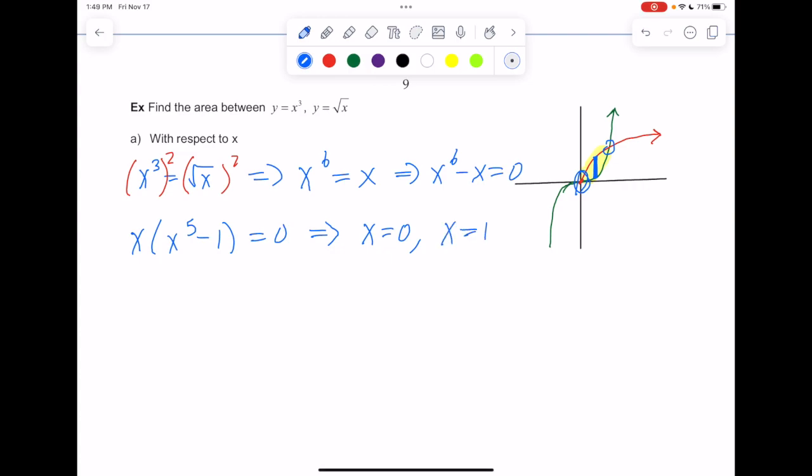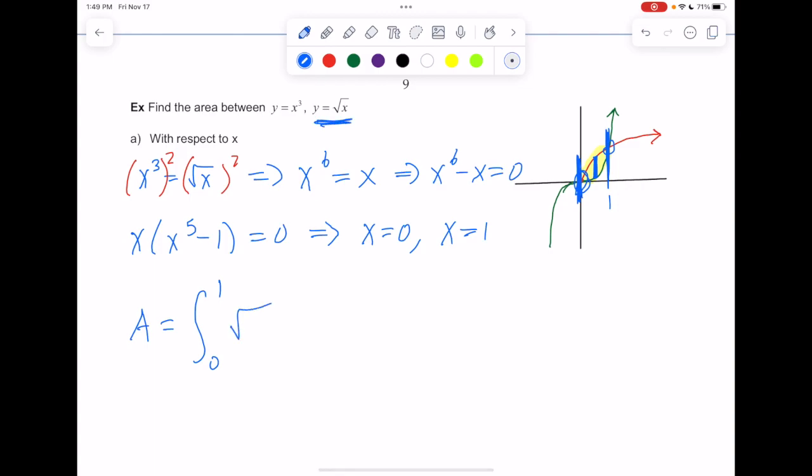And it's good we found those as x's because we're about to do a dx version, which needs x boundaries. So our left boundary right here is 0, and this right boundary right there, it appears is going to be at 1. Okay, so the area is the definite integral from 0 to 1 of top minus bottom. The top is the red graph, which is the y value from the square root of x.